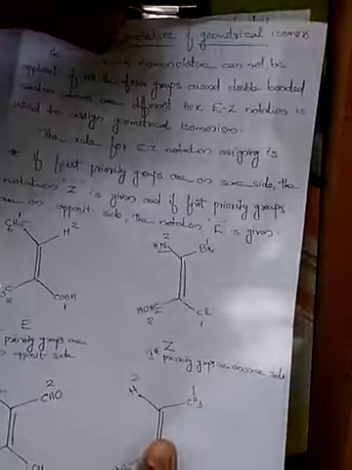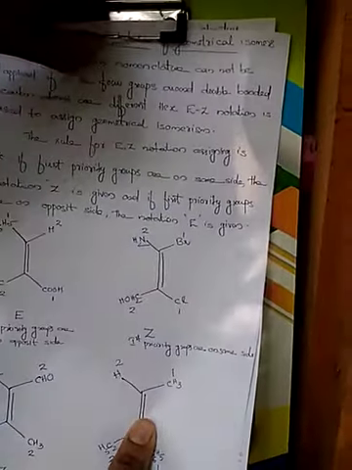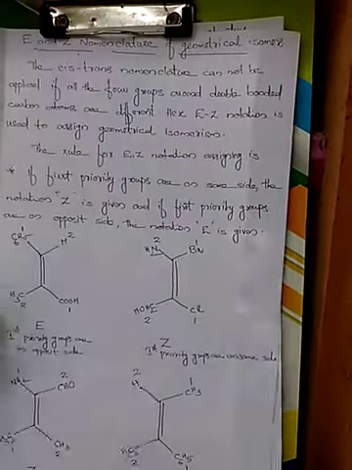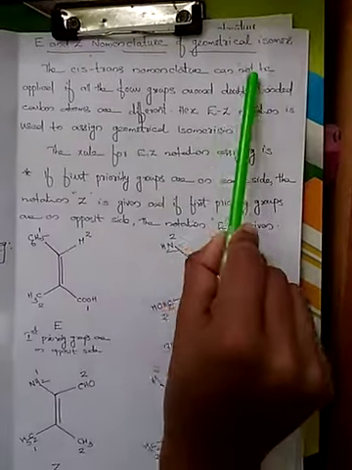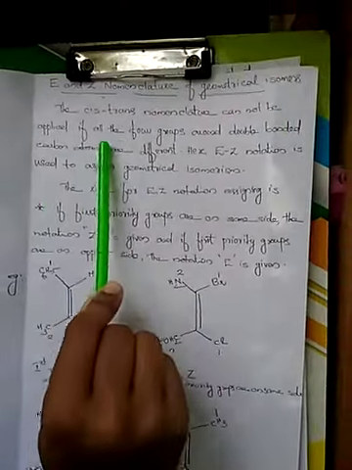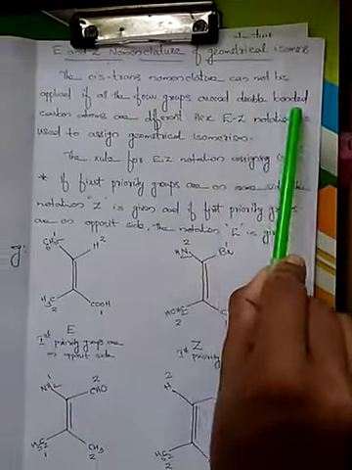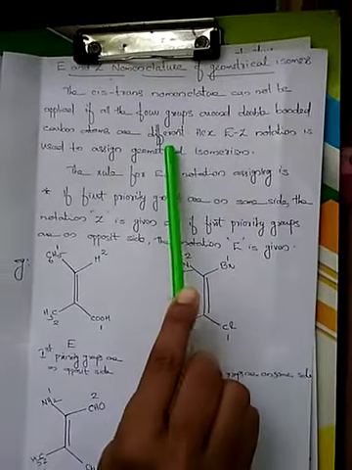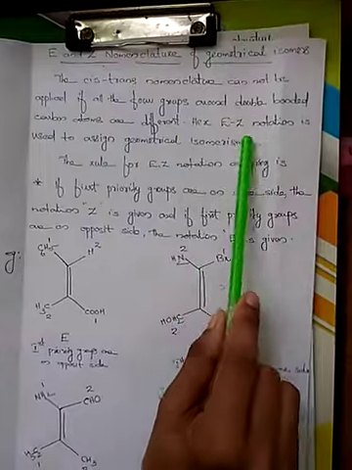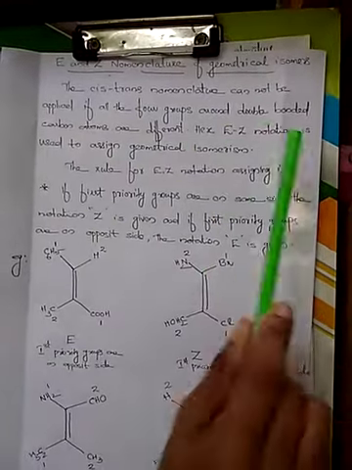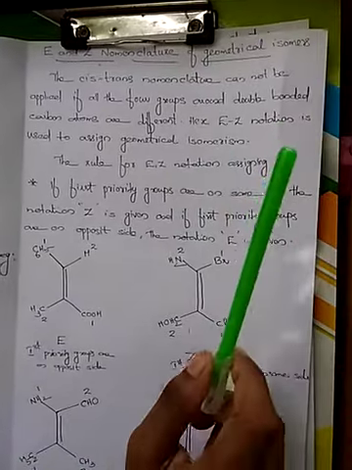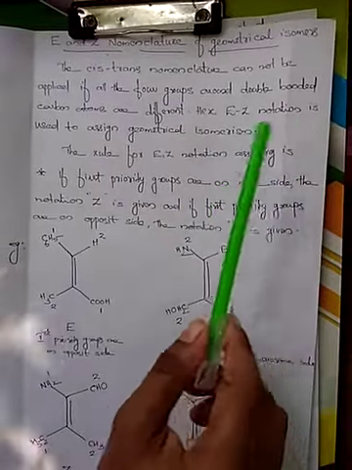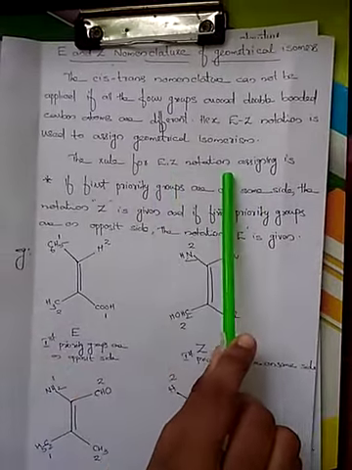Then we are looking at E and Z nomenclature of geometrical isomers. The cis-trans nomenclature cannot be applied if all four groups around the double-bonded carbon atoms are different. Here, E and Z notation is used to assign geometrical isomerism. There is a rule for assigning E and Z notation.